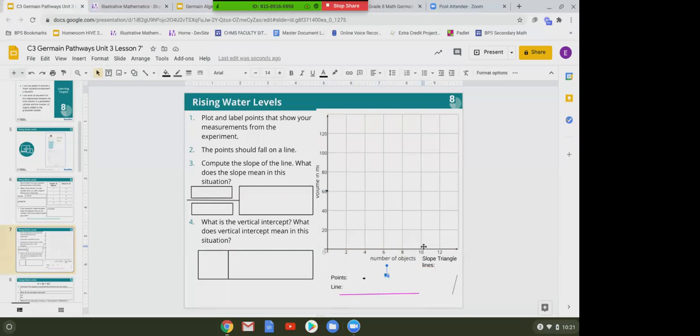So we're going to go over to 10, up to 90. 90 is halfway between 80 and 100. And so we have a point here and we have a point here. When I have 2 points on a graph, what can I do to those 2 points? I can connect them, right? And create a line. Diego, were you able to plot those points?